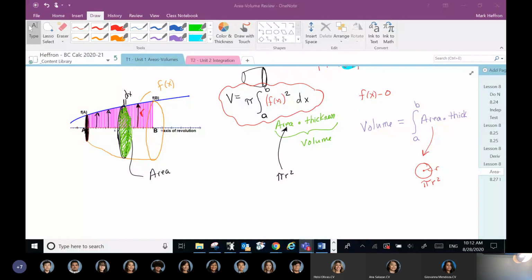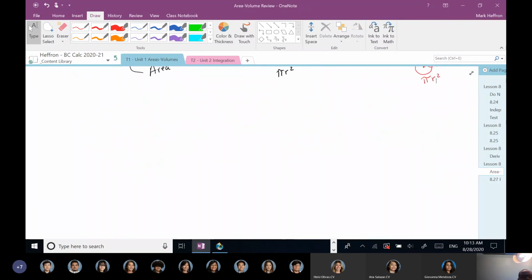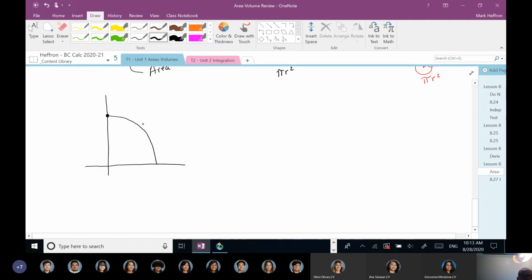Okay, so we're going to look at one more. I'm going to make myself another little picture. This is the graph y equals 4 minus x squared.